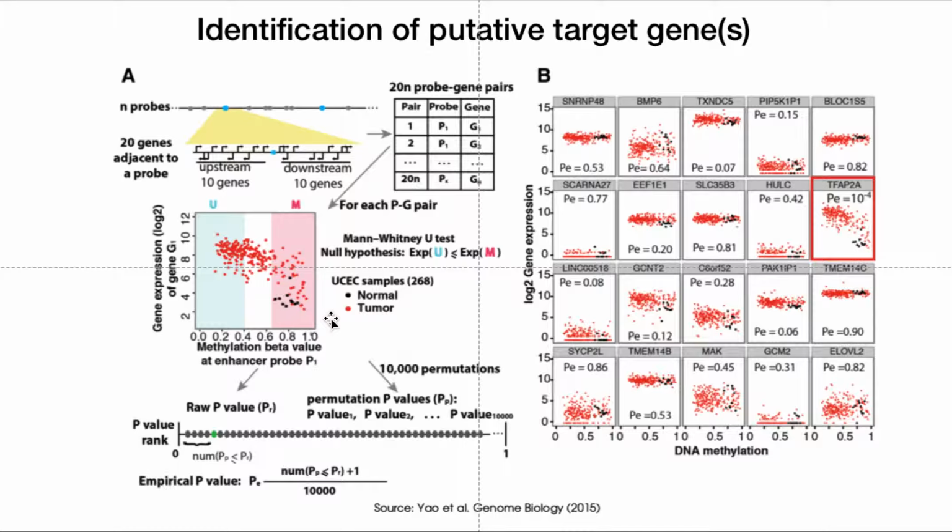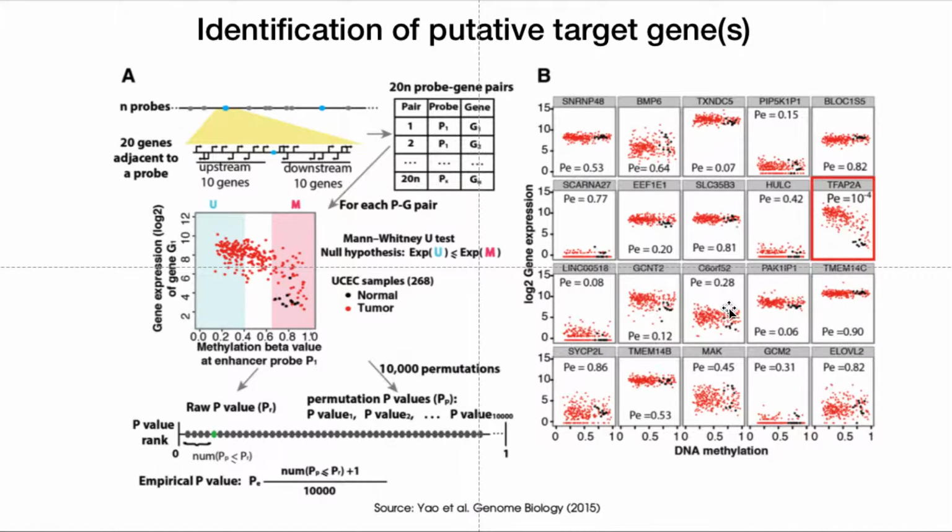Are my hypomethylated or unmethylated samples showing higher expression of that gene compared to the methylated group, and do the ones with higher methylation have lower expression? So we look for this anticorrelation: hypomethylated, higher expression, and hypermethylated, lower expression. We're going to compute this correlation for the 10 upstream genes, and then we select the ones that are significant.